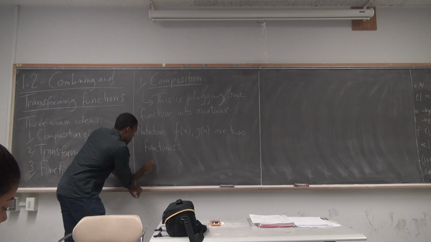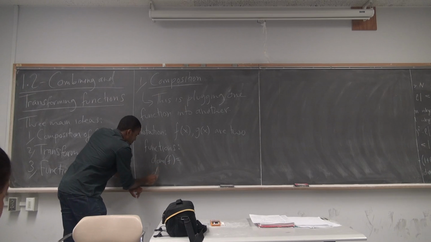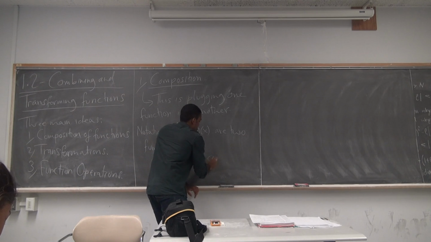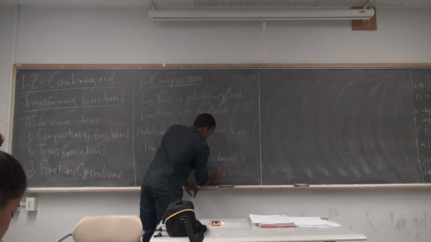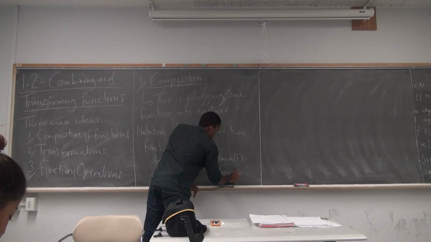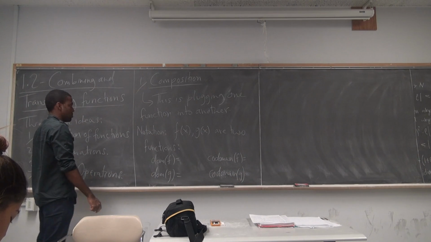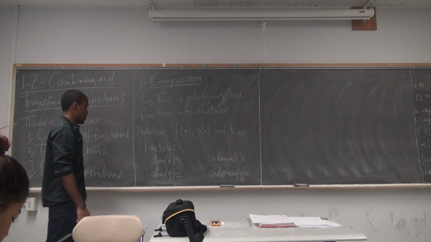Let's say domain of f, domain of g. Codomain of f, codomain of g. How do I want to set this up? Maybe f of g, so let g be first.